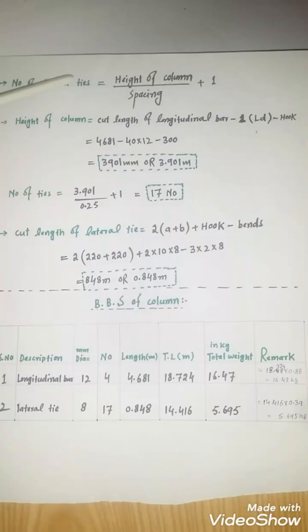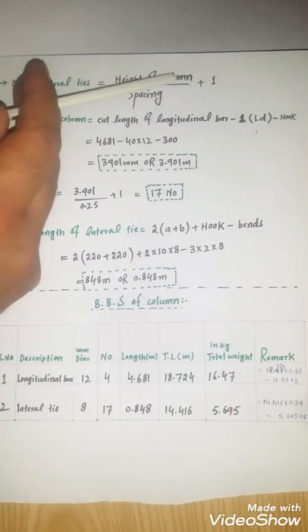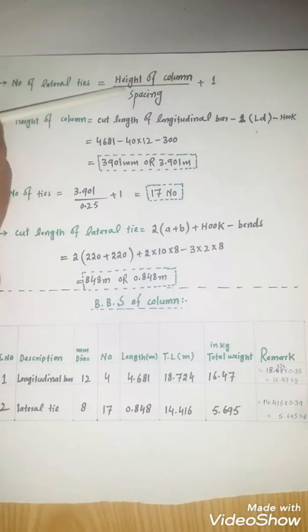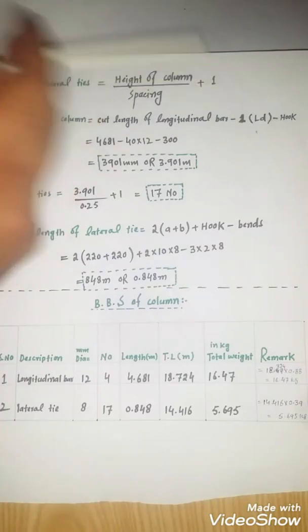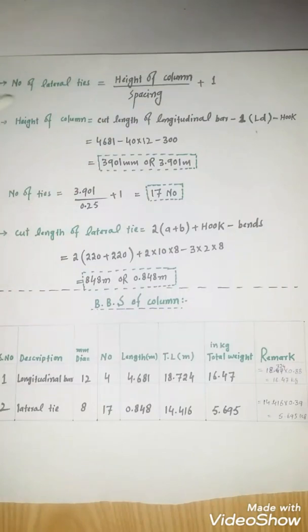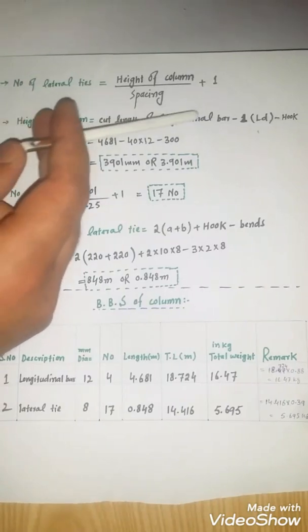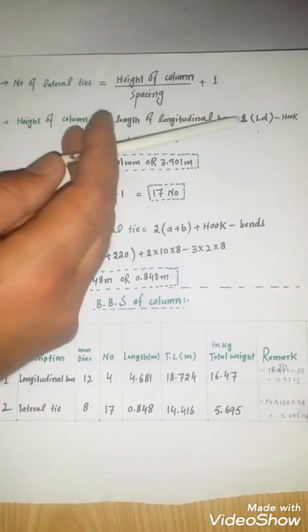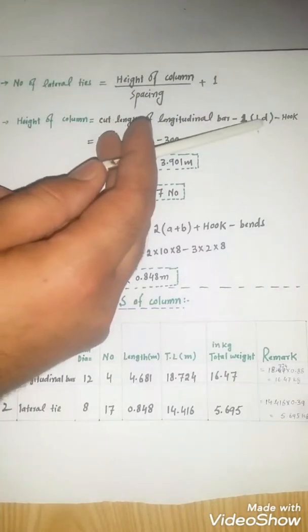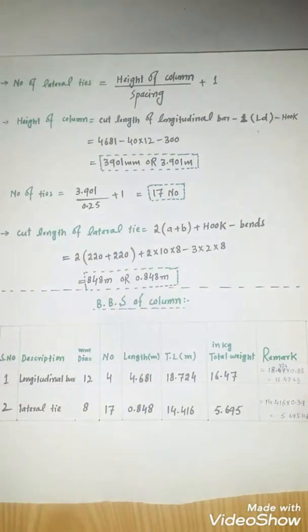After that, we find the number of lateral ties. Formula used for finding the number of ties: height of column divided by spacing plus 1. First of all, I am finding the height of column. How to find the height of column? Cut length of longitudinal bar minus development length minus hook.